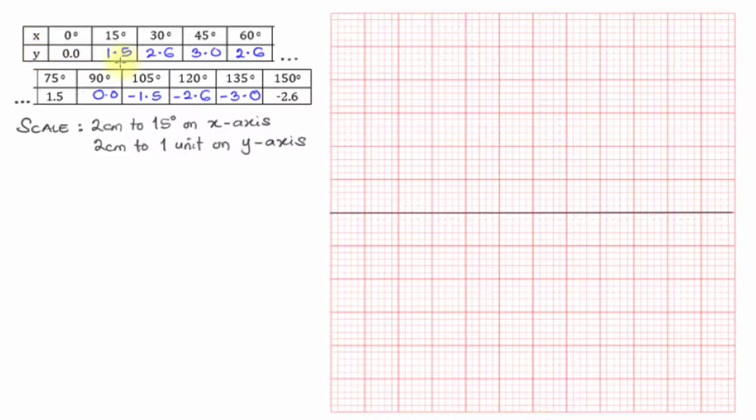Now for the x, we have how many values for x here? 1, 2, 3, 4, 5, 6, 7, 8, 9, 10, 11. These are 11 values for x, but the standard graph is ideally 12 divisions. So we have 1, 2, 3, 4, 5, 6, 7, 8, 9, 10, 11, 12. So that means I can actually choose to start from this particular first box, and it will be able to cater for all the values that we have.